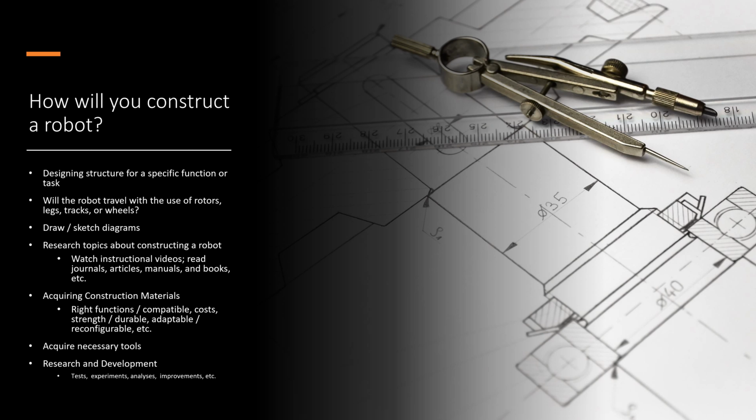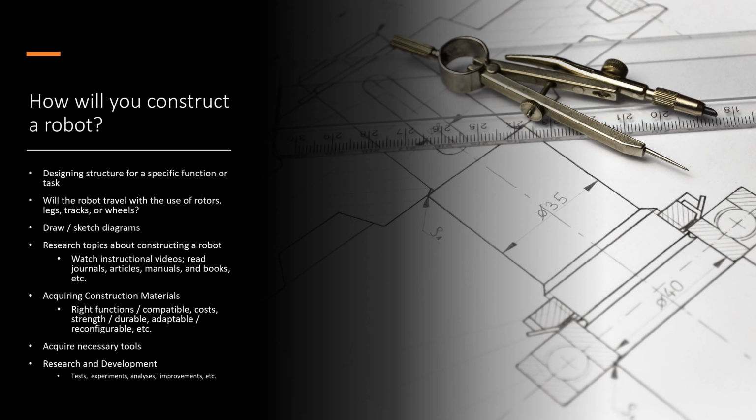You have to research topics about constructing a robot. Watch instructional videos, read journals, articles, manuals, and books, etc. Do everything you can, like test your builds, think about it. Anything that helps you to build that robot is helpful. You have to acquire construction materials.